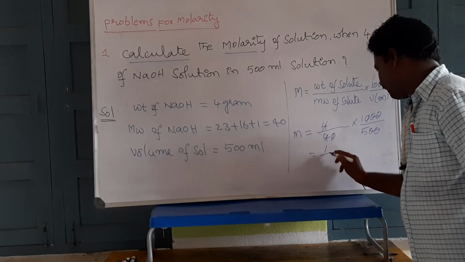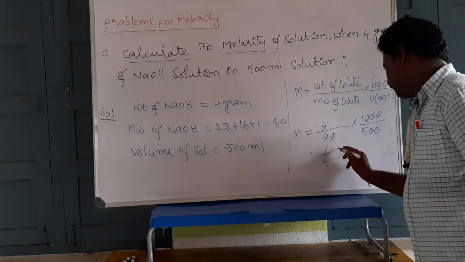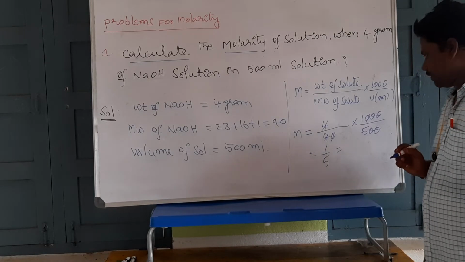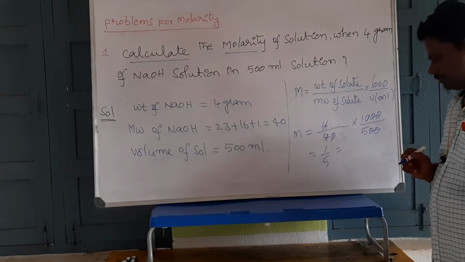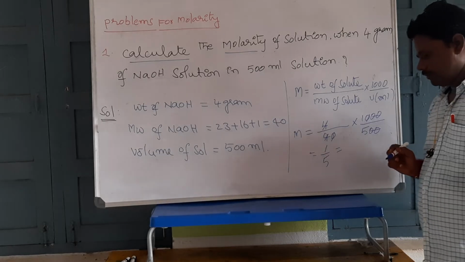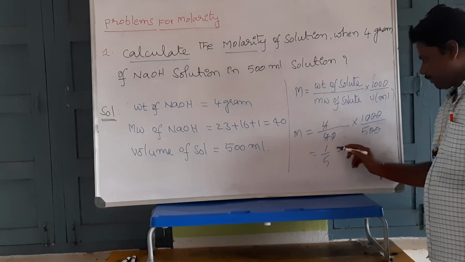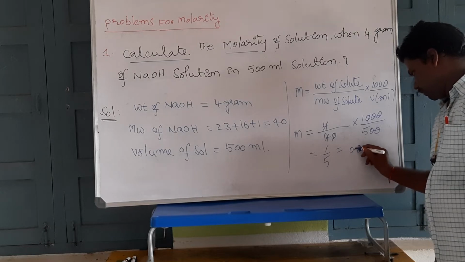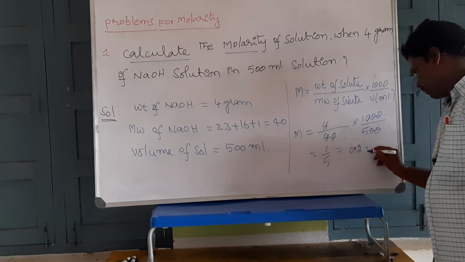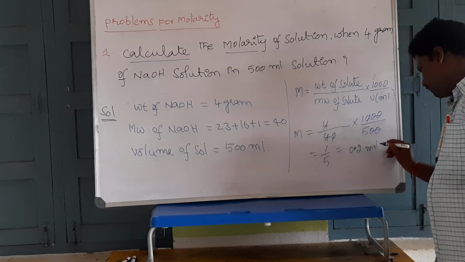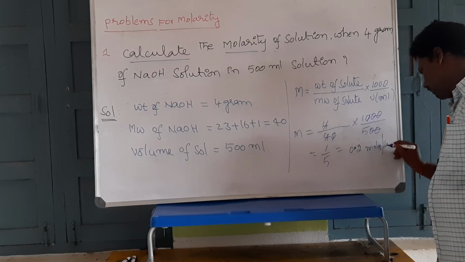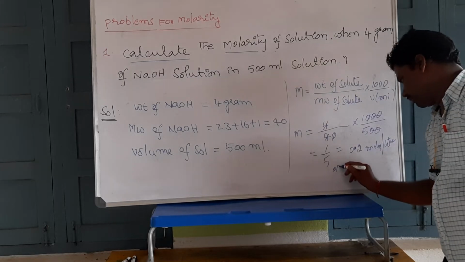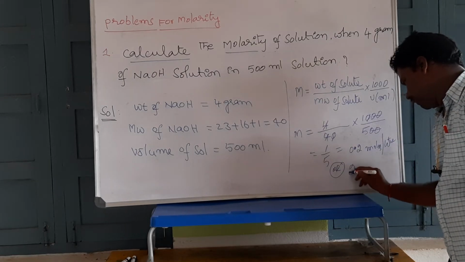Here 1 by 5. 1 by 5 is equal to 0.2 moles per liter. This is the answer for the given question, or 0.2 capital M.